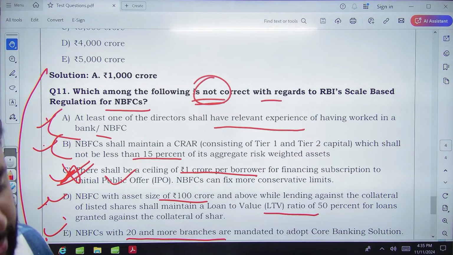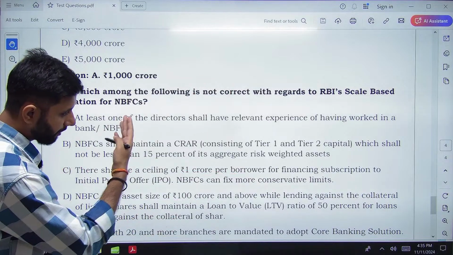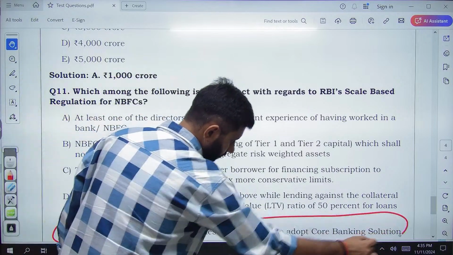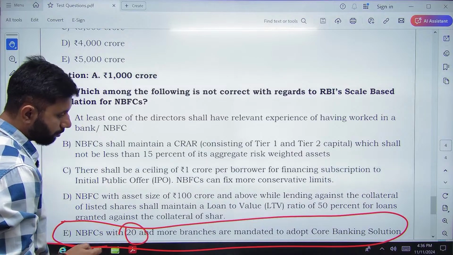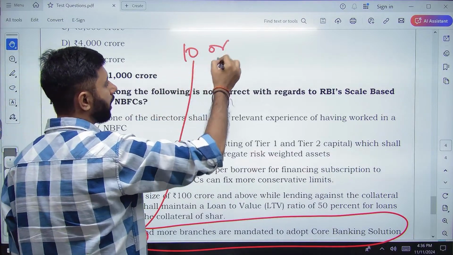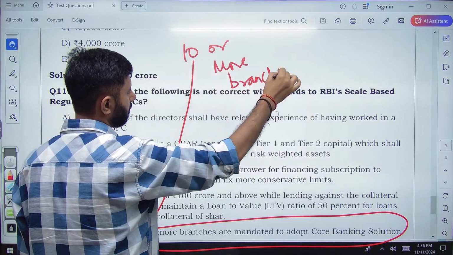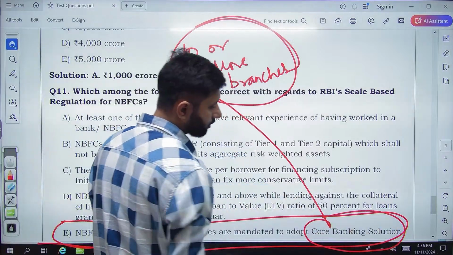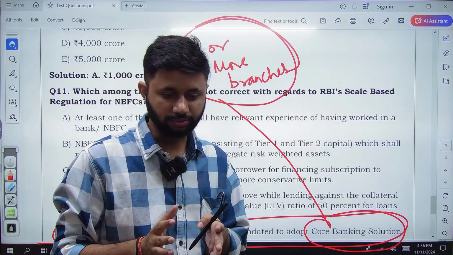See, the correct answer for this question, or rather the incorrect statement amongst all of them, is the last statement, E, because it is not the NBFCs with 20 and more branches, rather NBFCs with 10 or more branches that are needed to adopt core banking solution so that they get integrated within the whole financial system effectively.